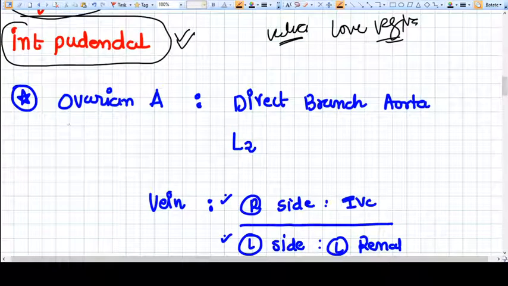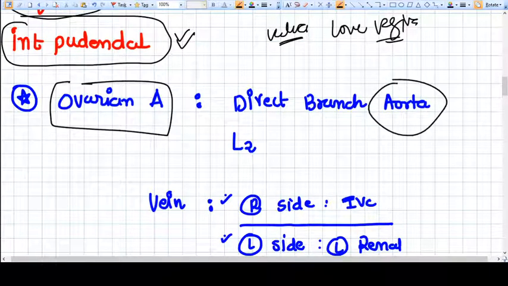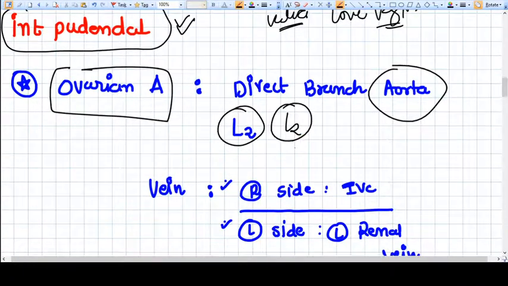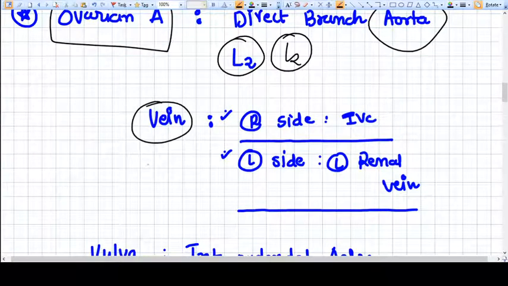Now, the ovarian artery is a direct branch of the aorta, as we have already discussed. The level of arising is L2. What about the vein? In the case of the ovarian artery, on the right side, the right ovarian vein goes directly into the IVC, the inferior vena cava.